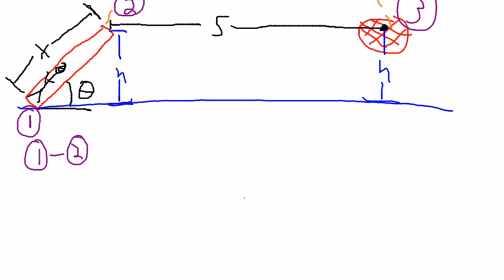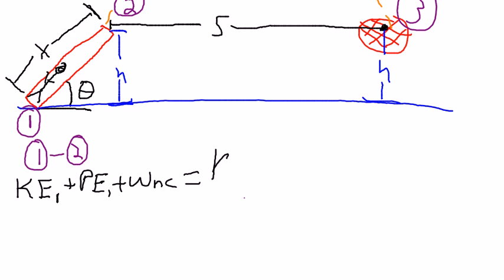Conservation of energy tells us that the kinetic energy at point 1, I'll just use 1 since we're using points 1, 2, and 3, plus the potential energy he has at point 1, plus any work being done by non-conservative forces, must be equal to the kinetic energy he has at point 2 plus the potential energy he has at point 2.